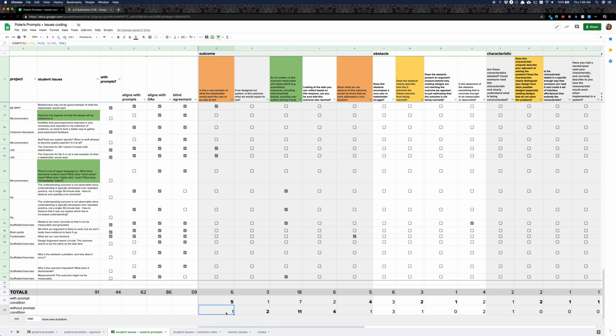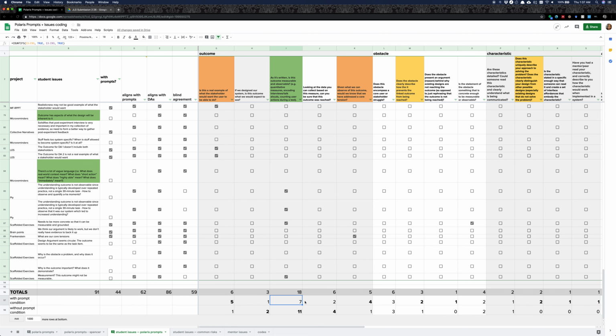Which issues were students able to catch without prompts? They were actually pretty good at catching some issues without the prompts, and introducing the prompt may have had some impact, but before having seen the prompt, they were already performing pretty well in recognizing that as a risk in their argument, if that makes sense.